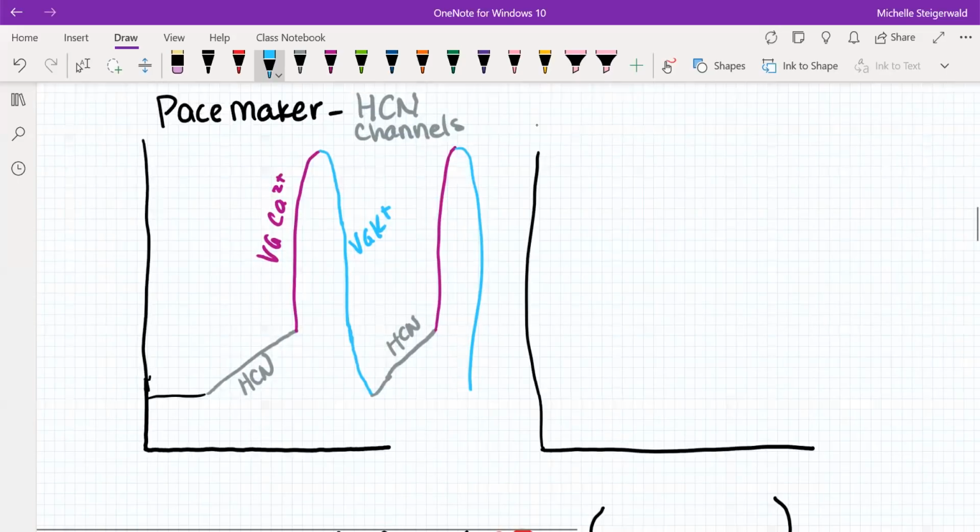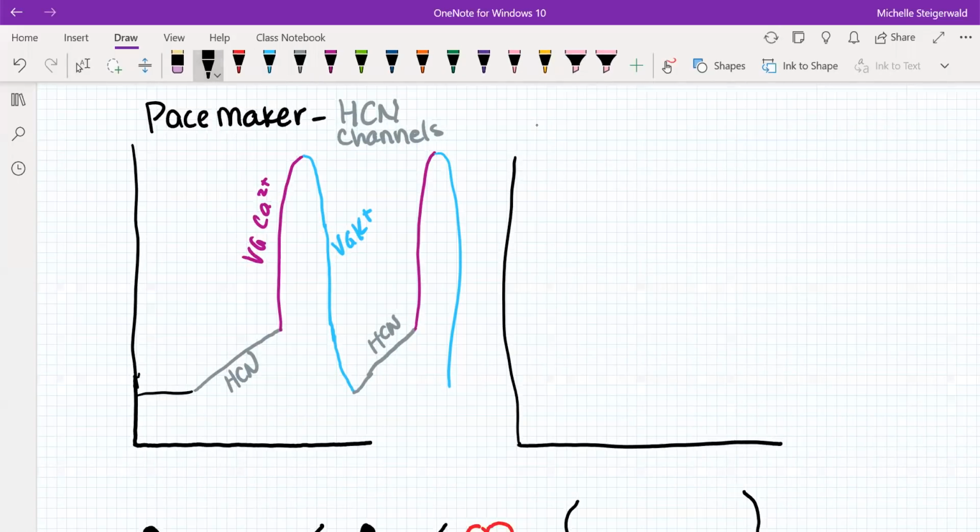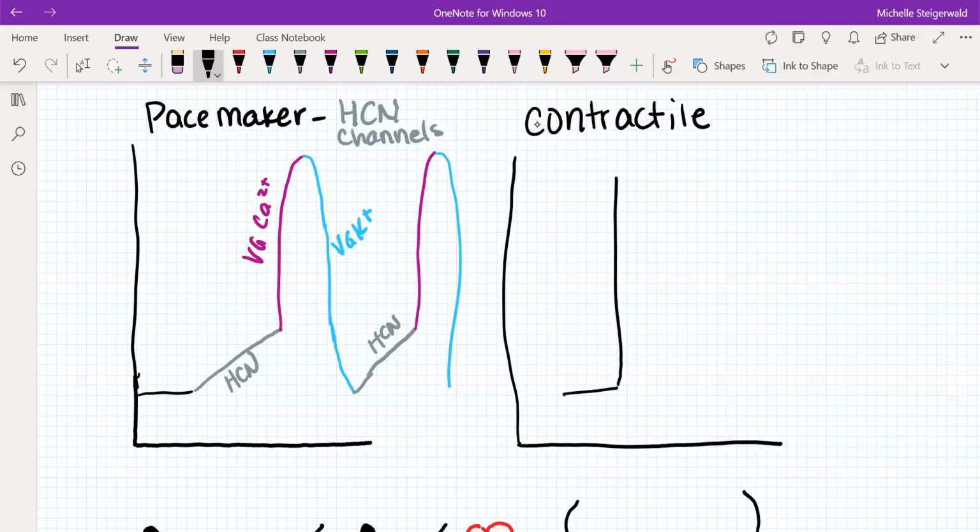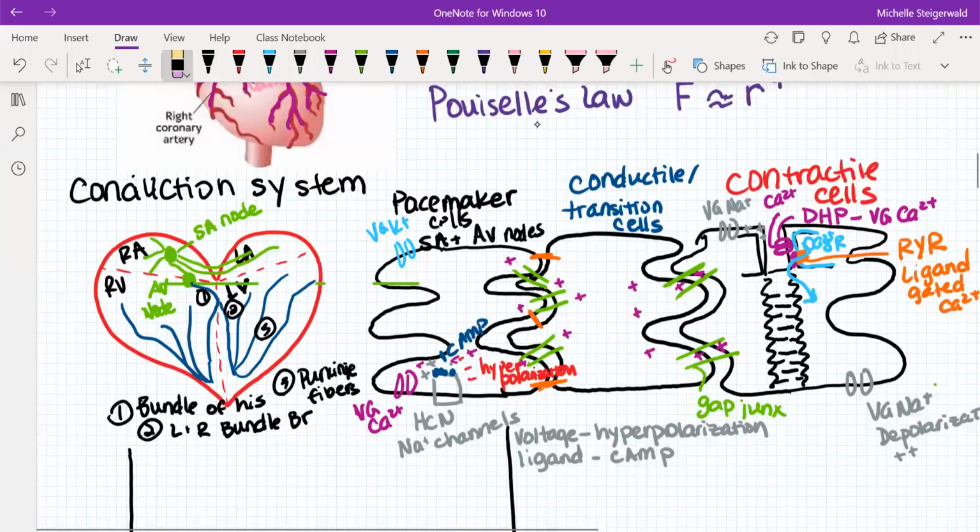If we're talking instead about the contractile cells, this looks a little bit more like what we've talked about in terms of neurons and action potentials. This is going to have a resting phase, a depolarization. It does have this kind of funky plateau that we haven't seen. Oh, I should do these different colors. And I should see what color I used.